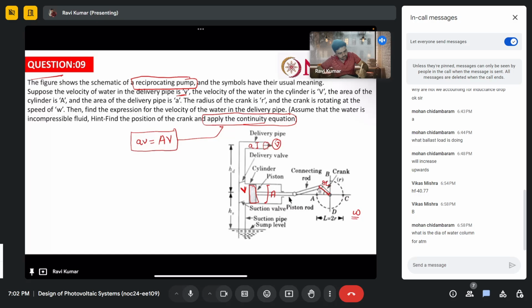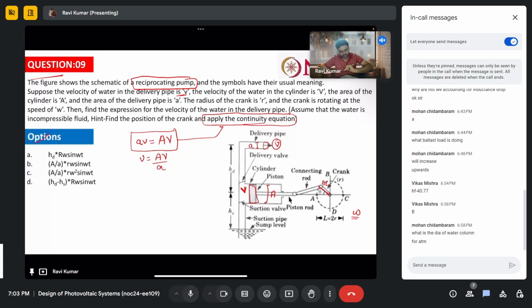And for this v, it is AV divided by a. This is the expression. These are the options we need to find out. So from here we need to find out this V first. What is this V?